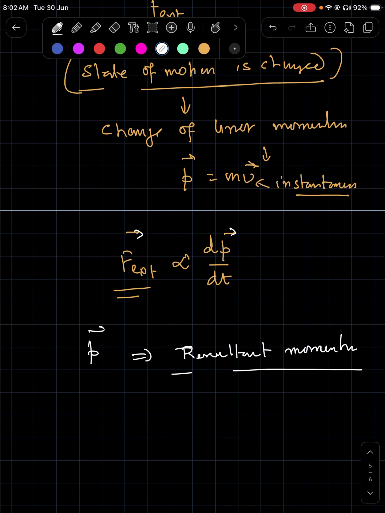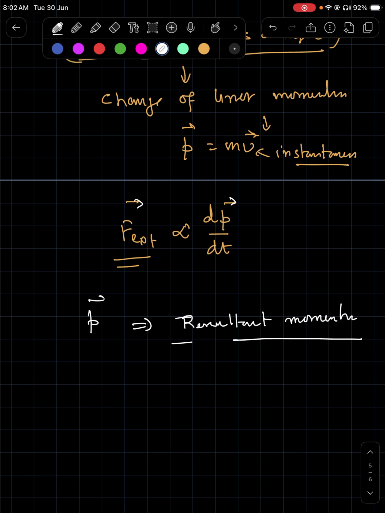What is the meaning of the resultant momentum? It means you can consider many particles moving simultaneously and the total external forces acting on those particles. Each particle can move in different directions due to the application of the force, right? So suppose the momenta are P1, P2, P3, P4, P5, say, and P6.